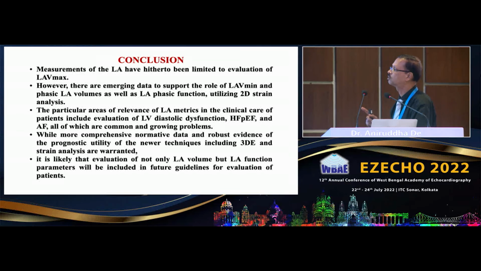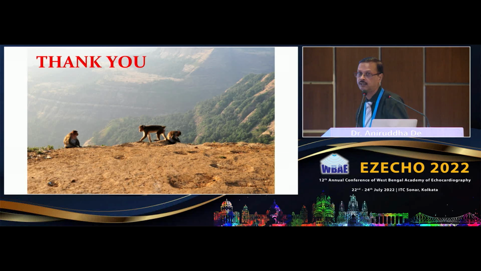The particular areas of relevance of LA metrics in the clinical care of patients include evaluation of LV diastolic dysfunction, HFpEF, and atrial fibrillation, all of which are common and growing problems. While more comprehensive normative data and robust evidence of prognostic utility of the newer techniques, including 3D and strain analysis, are warranted, it is likely that evaluation of not only LA volume but LA function parameters will be included in the future guidelines on the evaluation. Thank you.